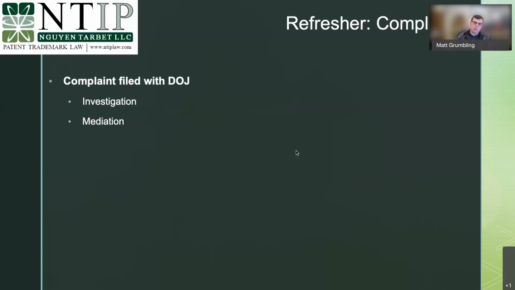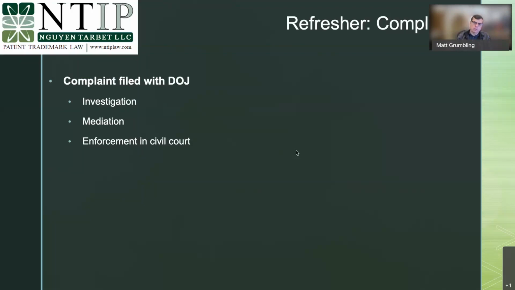Mediation can be a nice way to, we call it alternative dispute resolution, or ADR. It's a nice ADR way to clean things up without anybody spending all that money on lawyers. Now, if mediation doesn't work, the DOJ can sue in civil court.